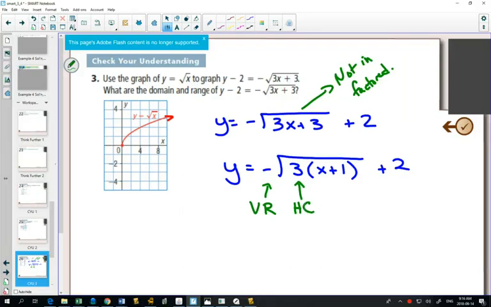This means we're going to multiply y by negative 1. This means that we're going to multiply x by 1/3. The plus 1 is a horizontal translation. That means we're going to go 1 to the left. And the plus 2 outside the function is a vertical translation. We're going to go 2 up.